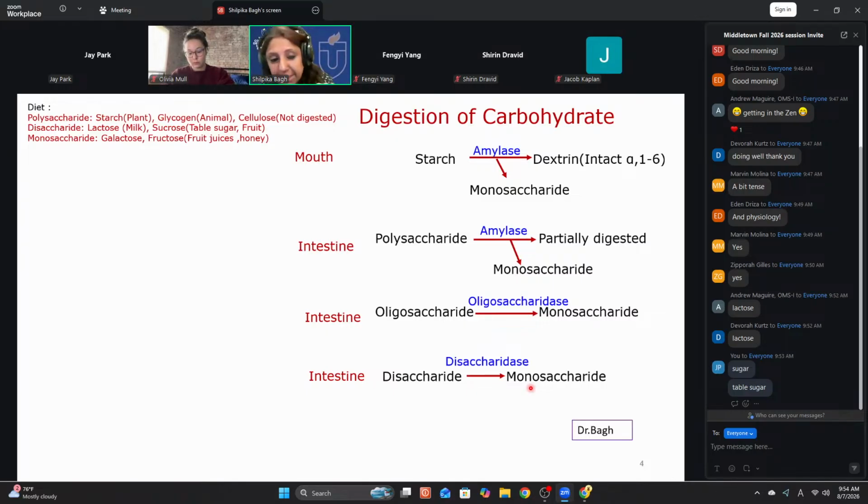Because it's the least osmotically active and inert form. Anything other than monosaccharide, for example in lactose intolerance, if lactose comes undigested into the large intestine, it's an osmotically active disaccharide and causes havoc. So you should know that this is the only absorbable form.